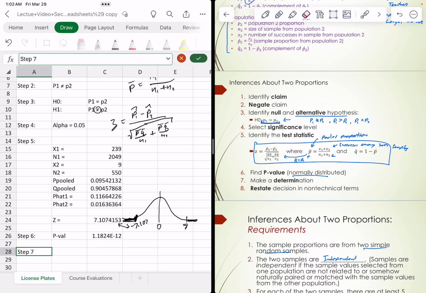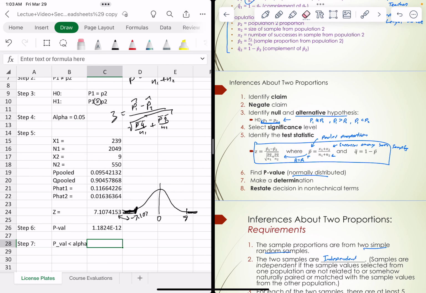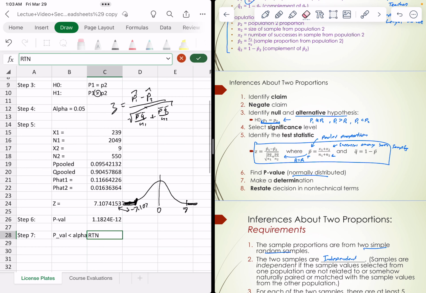Step 7, the p-value is less than alpha. If the p is low, the null must go. Reject the null. Now I'm going to put it all together.